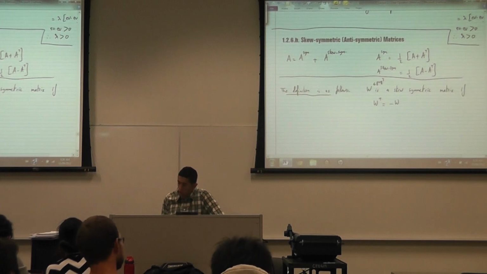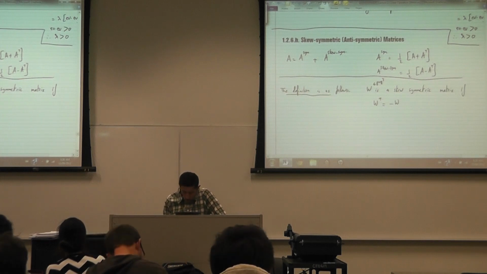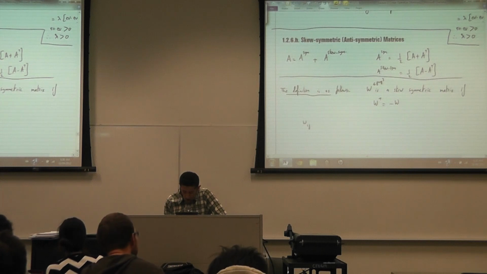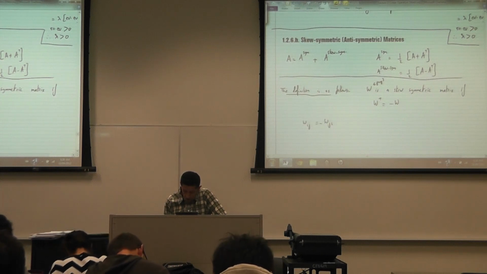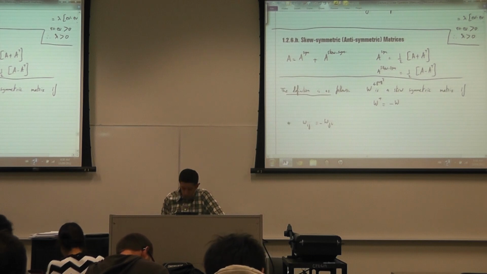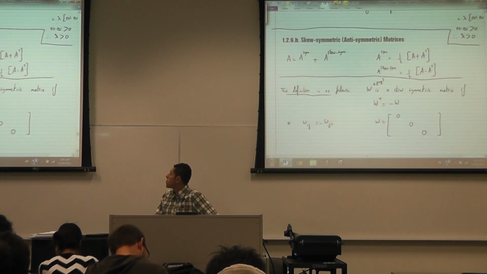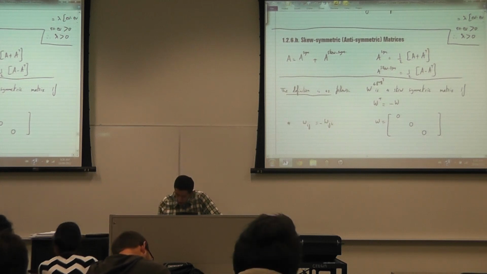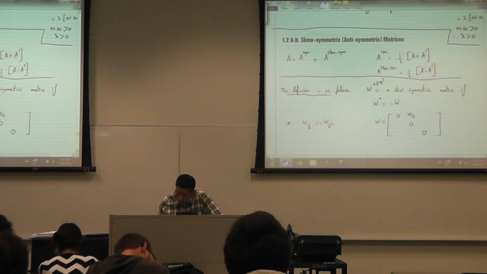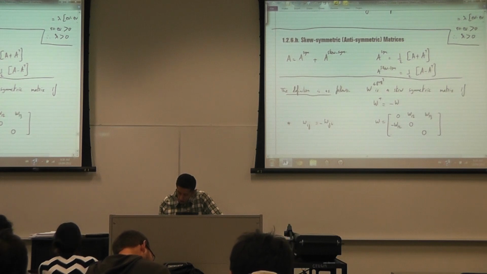So since the transpose is equal to its negative, we get that Wij is equal to negative Wji. And in matrix form, W will look like this. The diagonal has to be 0. And if this is W12, this has to be negative W12. And if this is W13, this has to be negative W13. And if this is W23, this has to be negative W23.